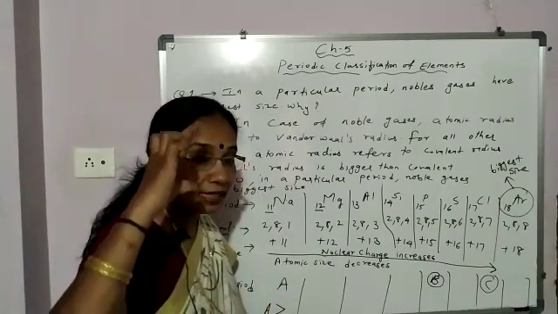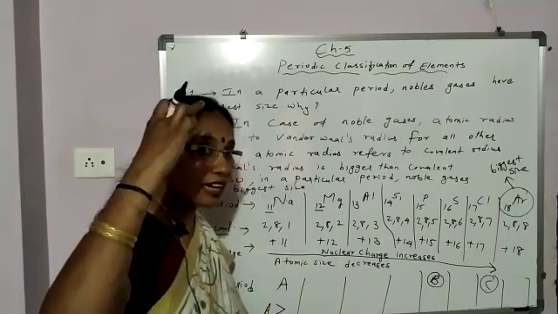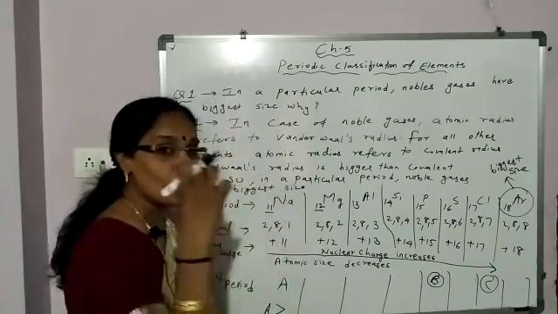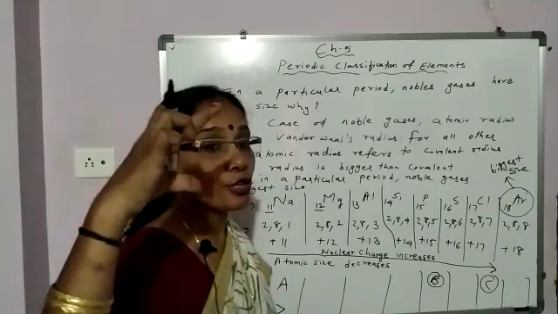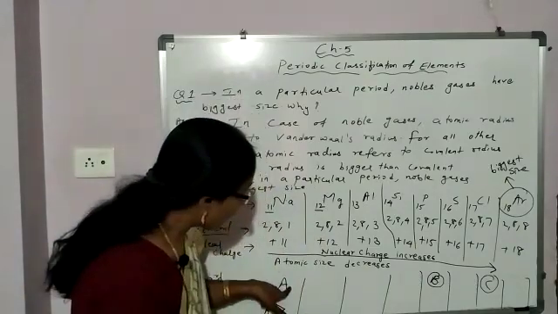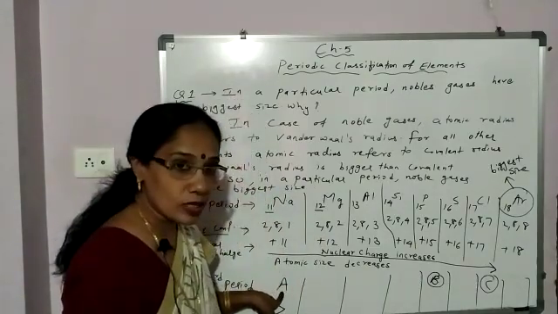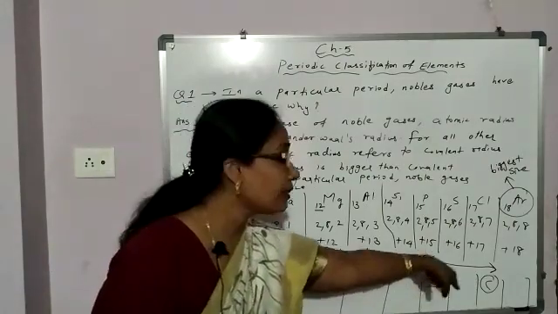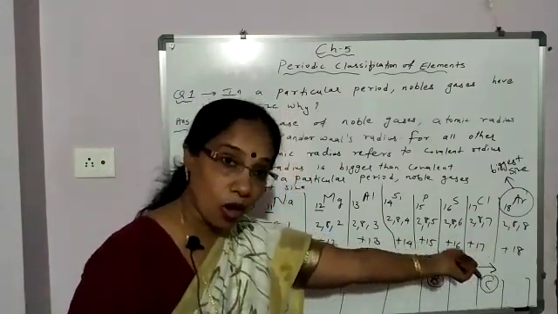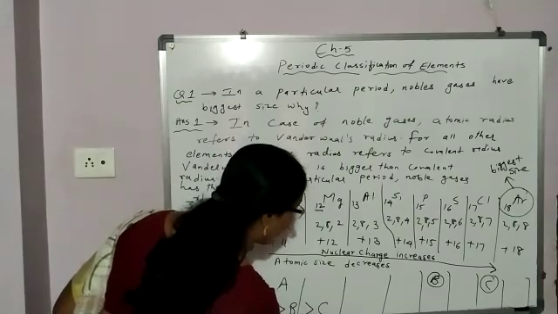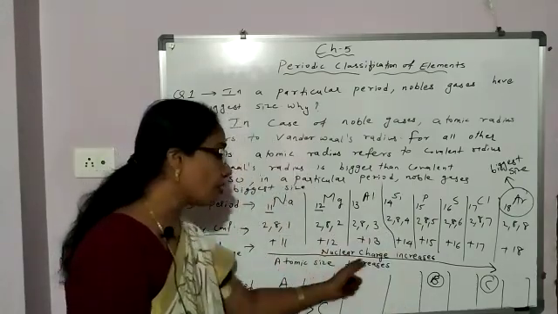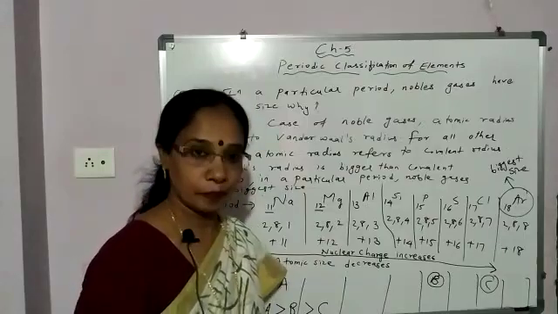So the sign of the crocodile mouth should be open towards the element which has the biggest size. This way you will show the sign. Next, A has the biggest size, then B, and then C. C has the smallest size. So this is the decreasing order of atomic size of these elements.